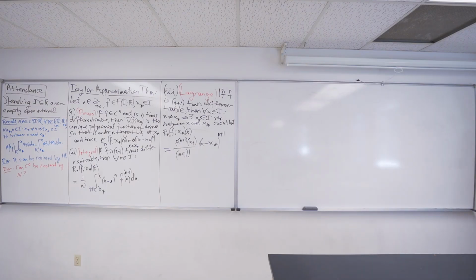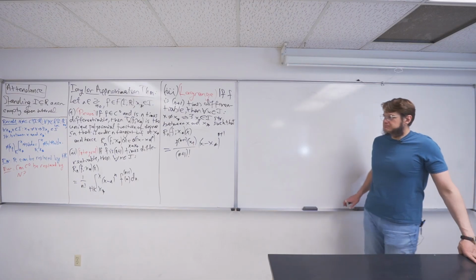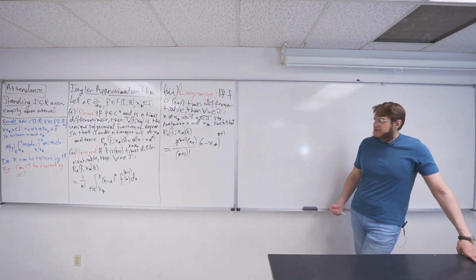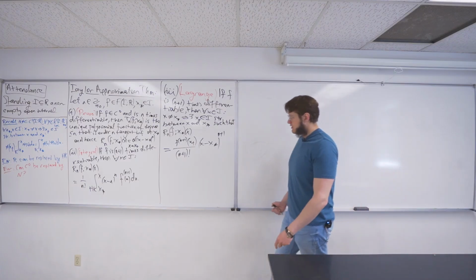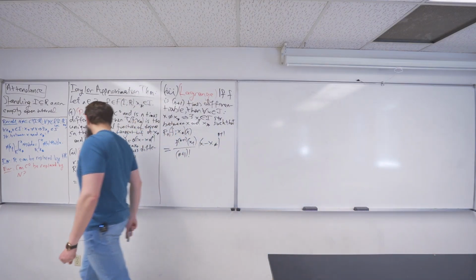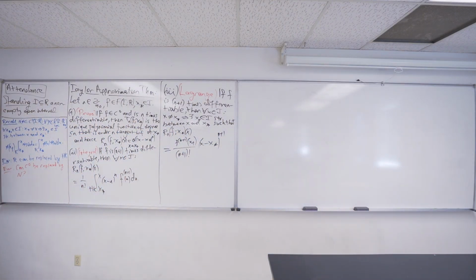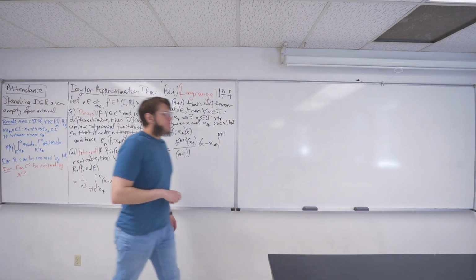Any other comments before I start going back to the proofs? Let's do the second one. I'm going to do an induction. I want to induct on n, the number of differentiability.